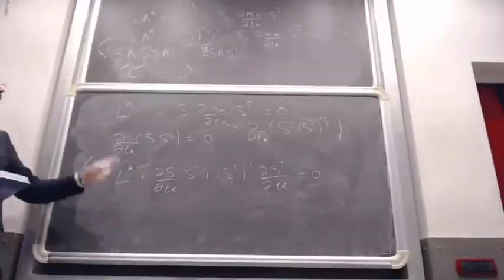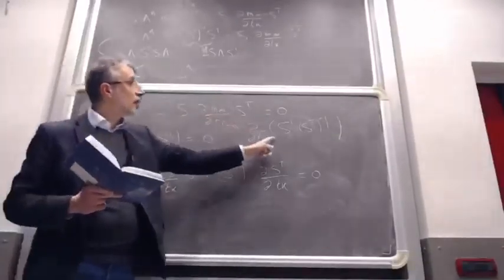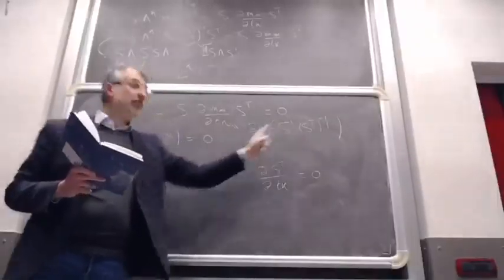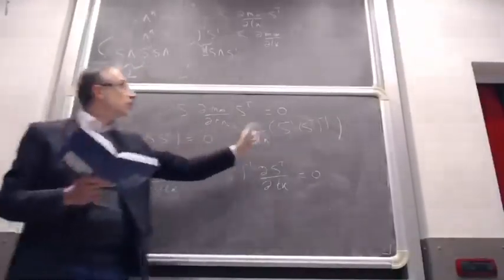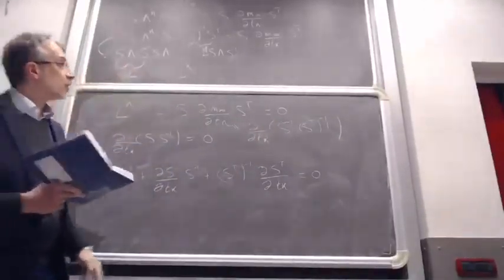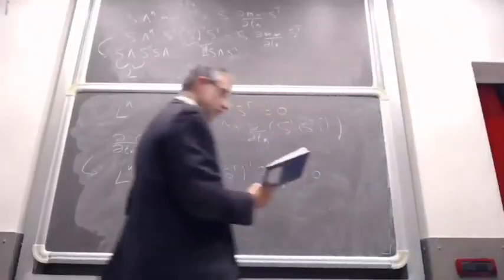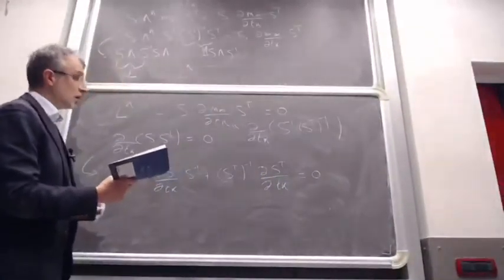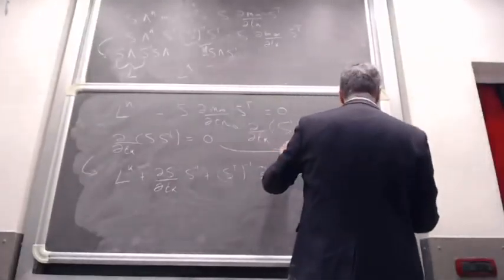So for this equation, we use the definition of m infinity, expand this derivative, and use this property to swap the order between S and S to the minus 1. Let me write the property.